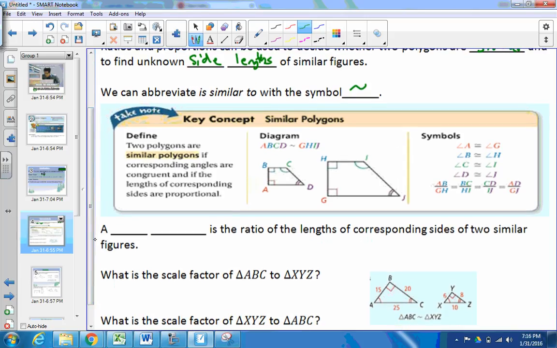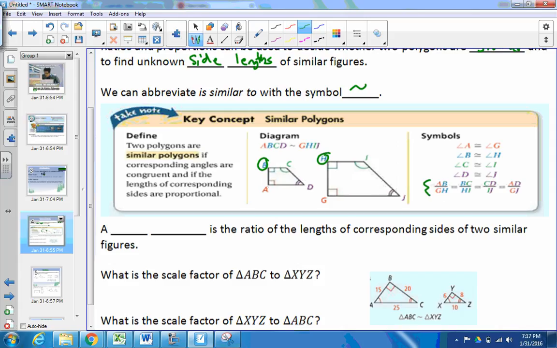So if we look here, key concept, not a theorem, but a key concept. It says two polygons are similar polygons if corresponding angles are congruent. So if we're looking here, angle B and angle H, they have to have the same angle measures. So if they're similar, they have the same angle measures, and if the lengths of corresponding sides are proportional. So we look over here, we have all the congruent angles, but then we have right here the corresponding parts.